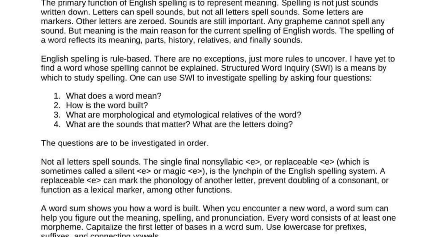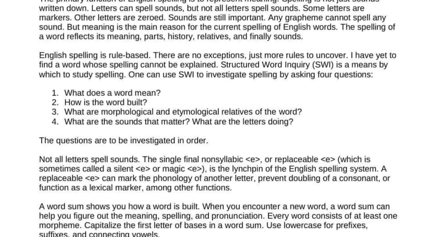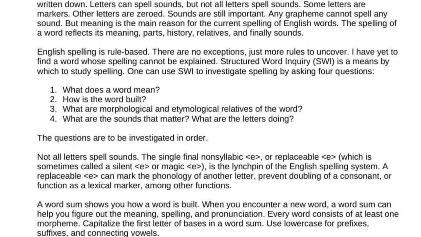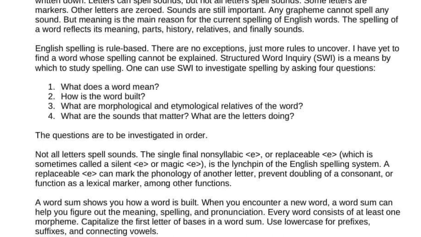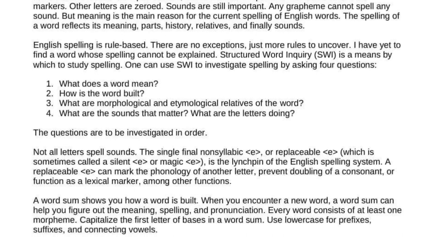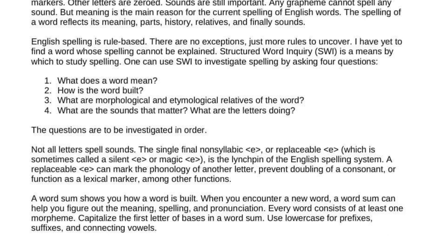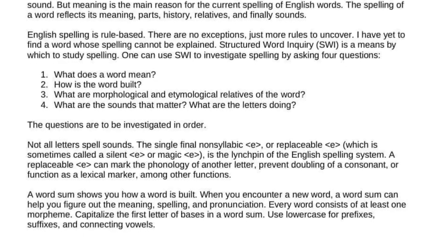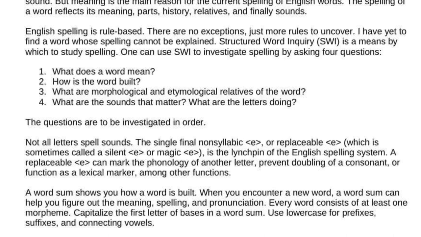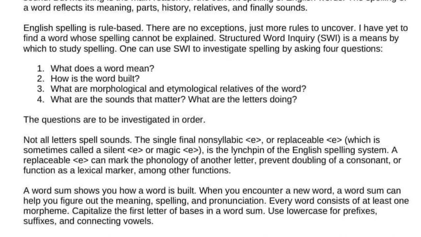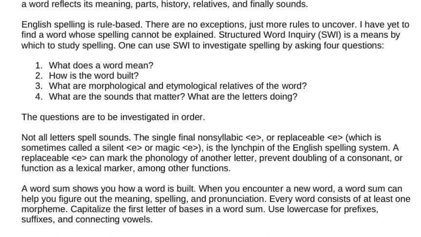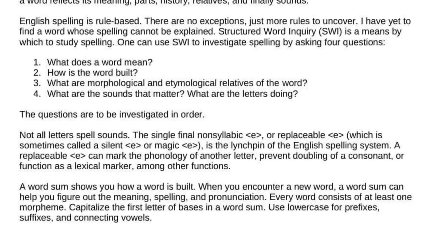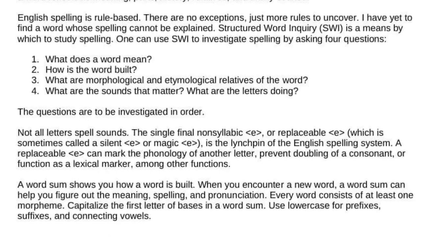Teach a Student to Spell Level 5 is the 5th follow-up workbook to the Teach a Student to Read reading program, which strives to teach students accurate and complete information about the English spelling system. Level 5 explicitly uses the structured word inquiry framework to help students understand how the English spelling system works. Each of the 4 activities focuses on each of the 4 questions of SWI.